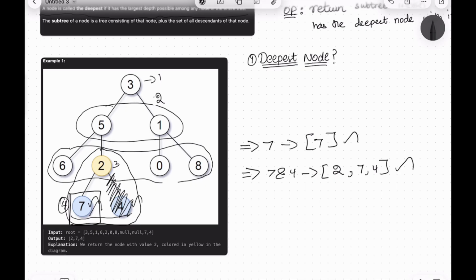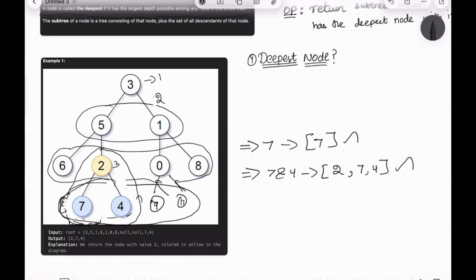And what if we have two more nodes here, right? 9 and 11. So what happens? So we have two nodes here basically. So all these four nodes are the deepest nodes. Let me erase this for a clearer view.